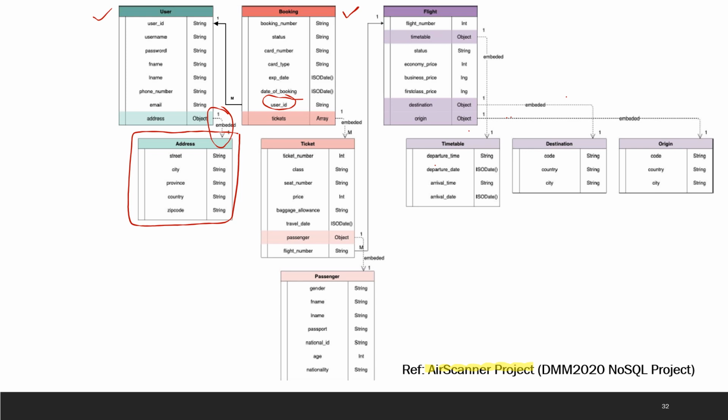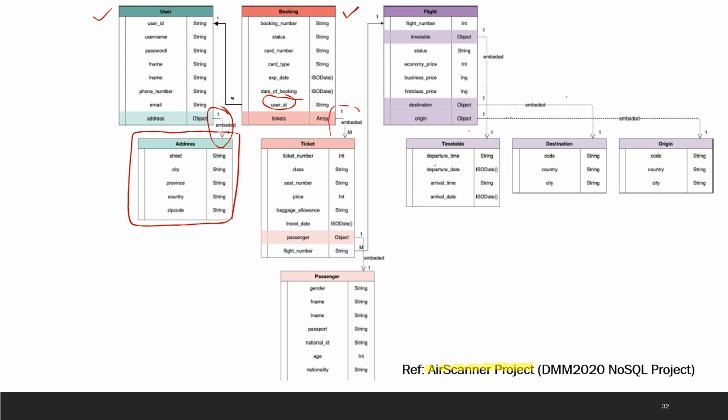So this is a kind of many-to-one, right? One booking refers to one particular user, but one user could have many bookings. Okay, and with this notation, it means it makes use of referencing.